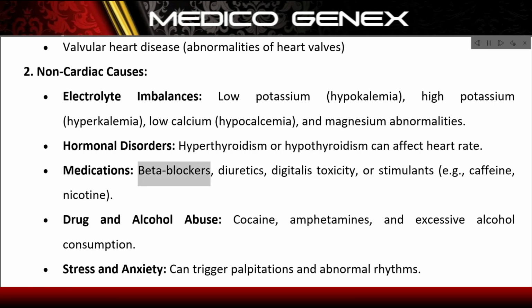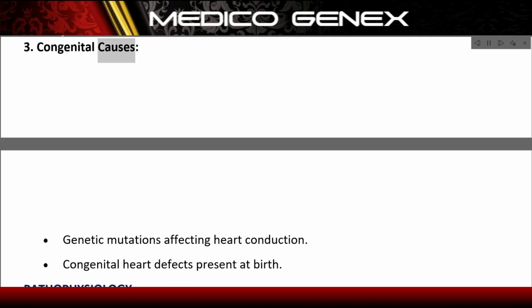Medications, beta blockers, diuretics, digitalis toxicity, or stimulants, example caffeine, nicotine. Drug and alcohol abuse, cocaine, amphetamines, and excessive alcohol consumption. Stress and anxiety can trigger palpitations and abnormal rhythms. 3. Congenital causes. Genetic mutations affecting heart conduction. Congenital heart defects present at birth.